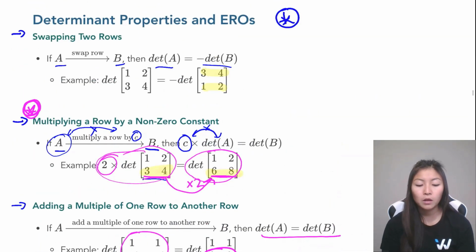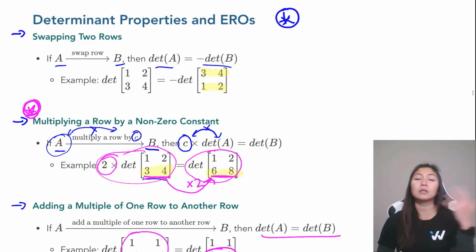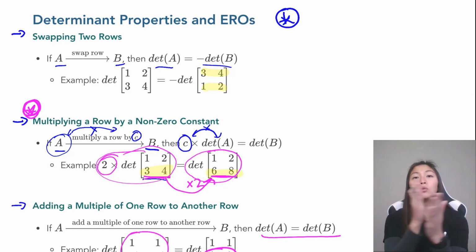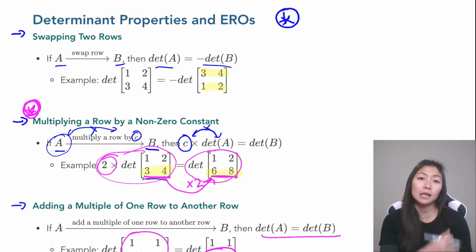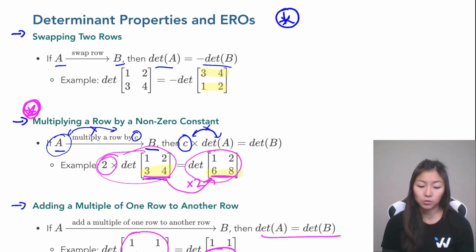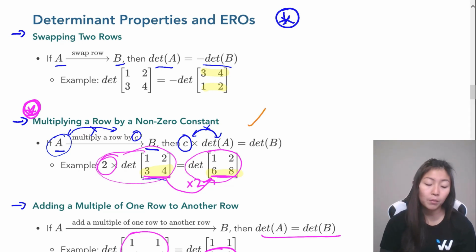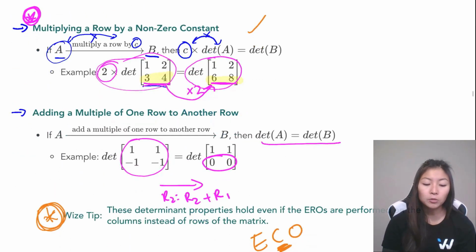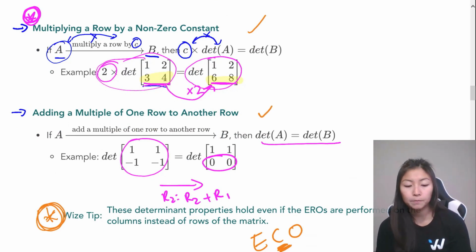So for example, we know that swapping two rows will result in a negative determinant, right? Negative of the original. Swapping two columns will also make the determinant negative of the original. Multiplying a column by a non-zero constant, this second property will still hold. Adding a multiple of one column to another column, this third property will still hold.